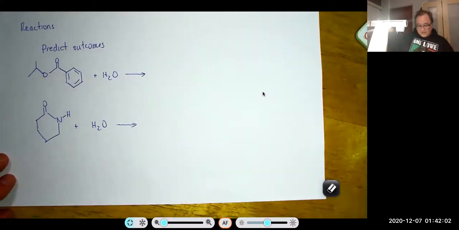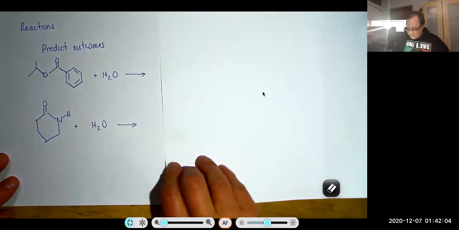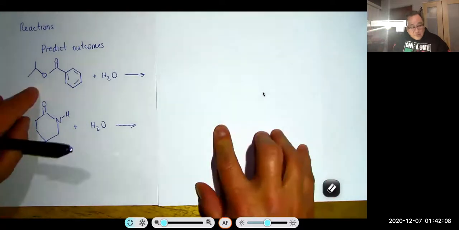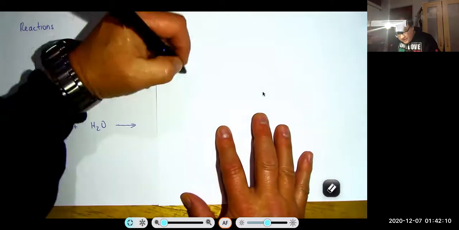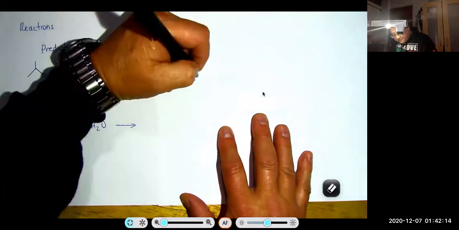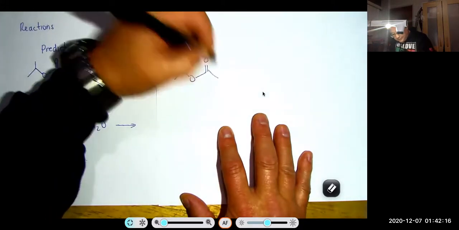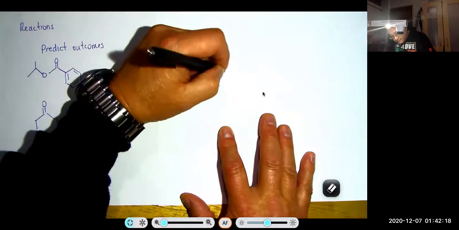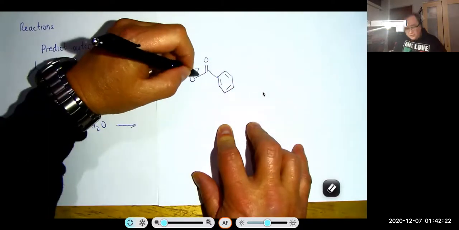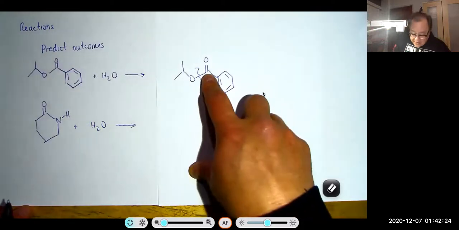Predict the outcomes of these reactions. So here, I'm going to redraw this, but I'm going to break it. I'm going to show you where the bond breaks. So it's going to break right there. It always breaks between the carbonyl and the oxygen.